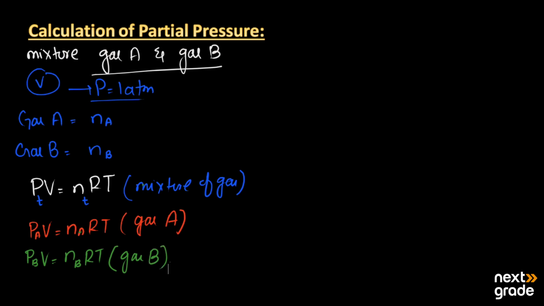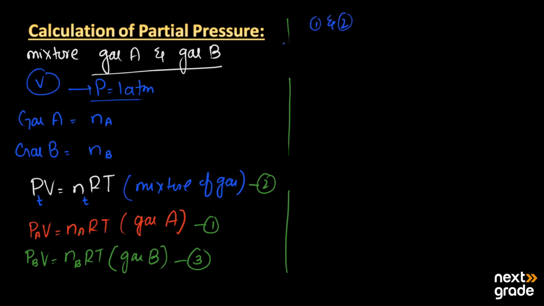Now we will divide the equations. This is equation number 1, this is equation number 2, and this is equation number 3. In the first step, we have to divide equation number 1 and 2.